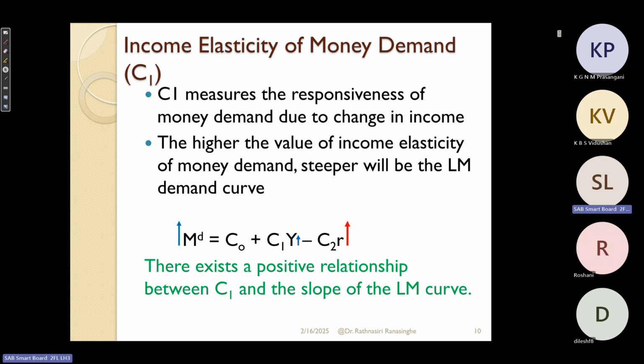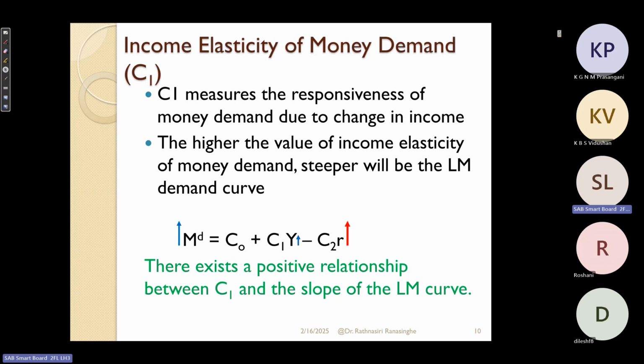What is the relationship? We should have a steeper or flatter curve; we should have a positive relationship. Now the slope of the LM curve explains the positive relationship between C1 and the slope.